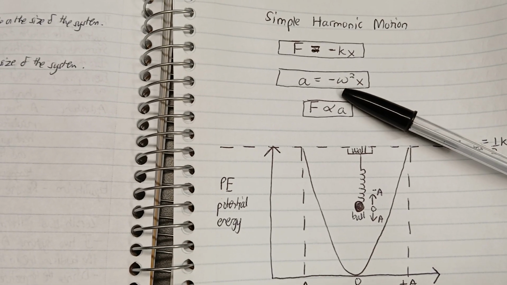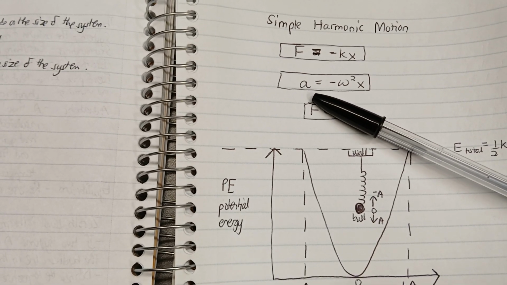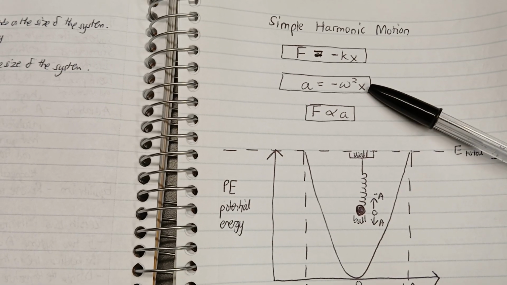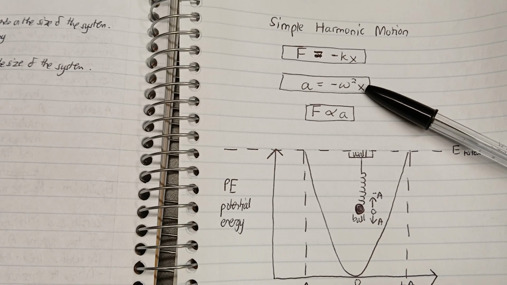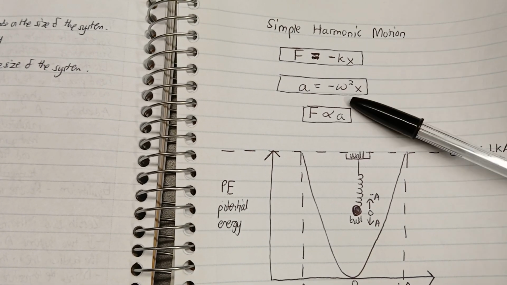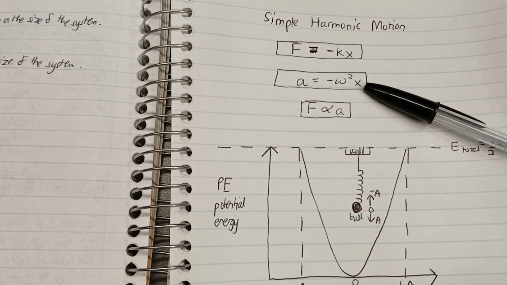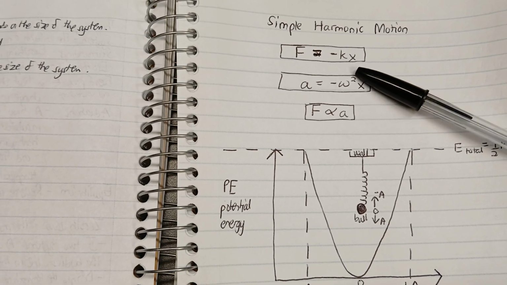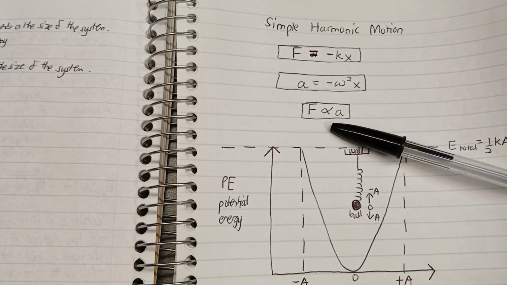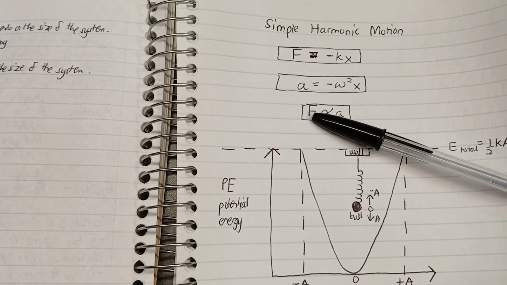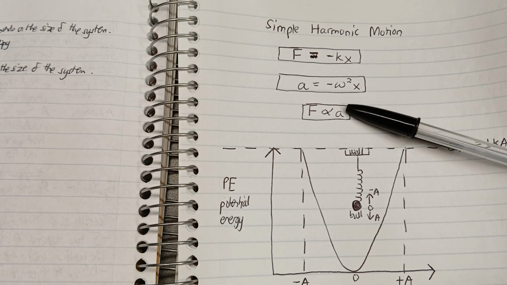A simple harmonic motion can also be described as the acceleration that is directly proportional to the displacement of a body being compressed from its mean position to when it's extended. I think this ties really well with the common equation in physics, F is equal to ma, where F is the force, m is the mass, and acceleration is represented by a.